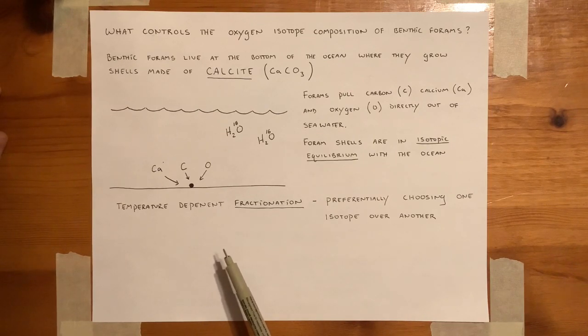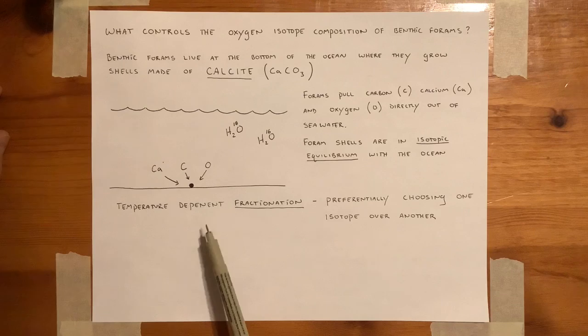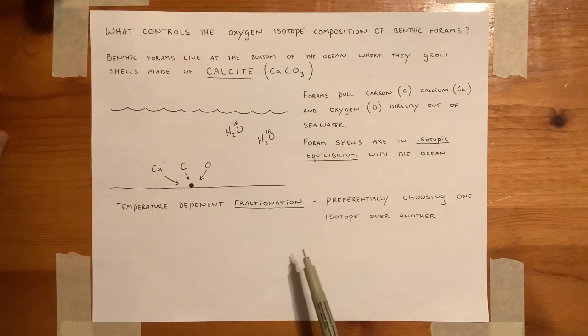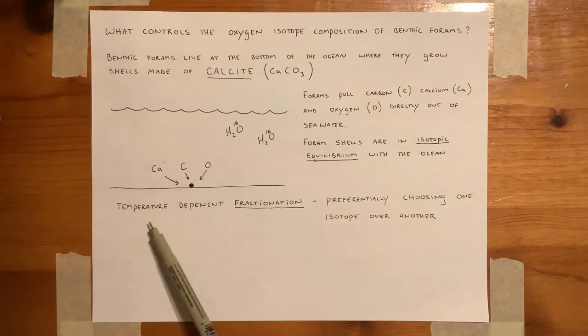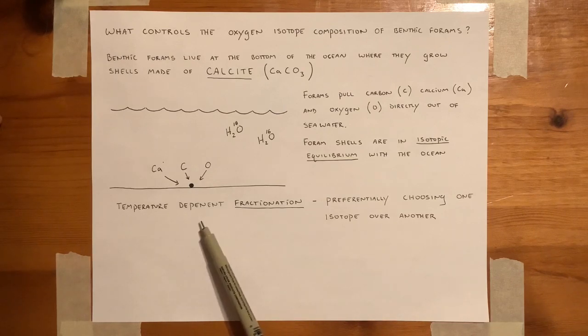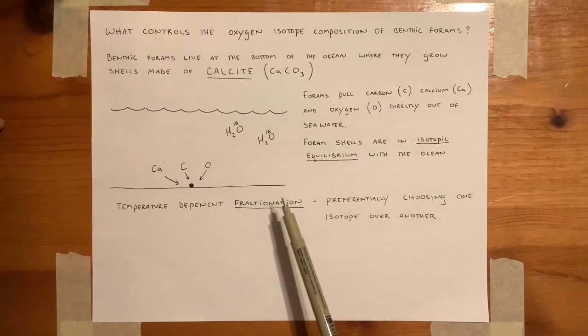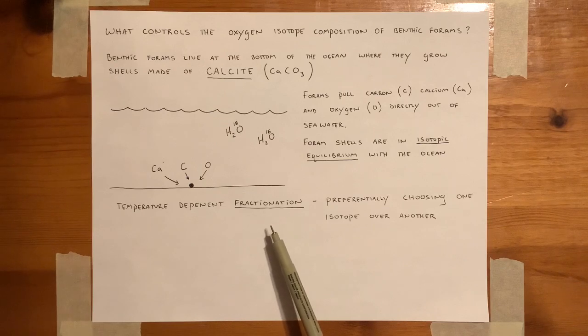So benthic forams have a temperature-dependent fractionation with respect to oxygen isotopes, meaning that depending on the temperature of ocean water, the oxygen isotope composition of a shell that a benthic foram is growing will change depending on the temperature of the water that it's growing in.